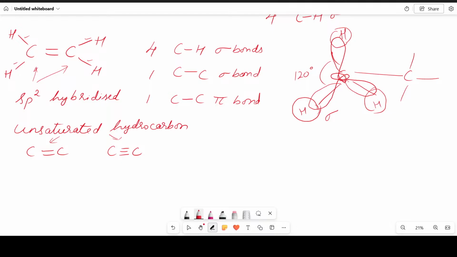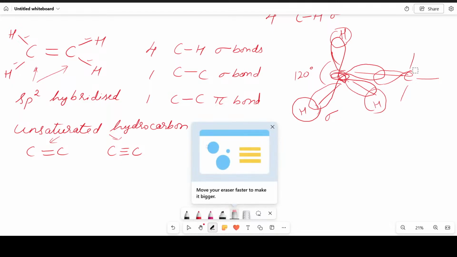Now one unhybridized p orbital will overlap to form a sigma bond. But this is in an ethane molecule. But I wanted the ethene molecule to show the pi orbitals.